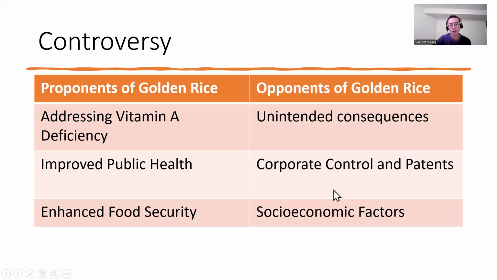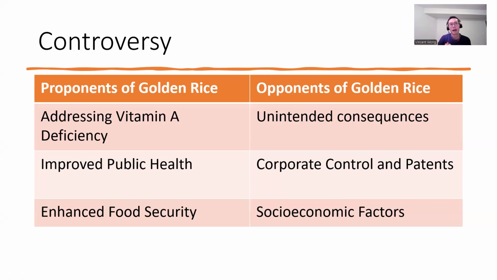They're also worried about corporate control and patents, right? Obviously, these are very valuable intellectual properties created by various companies, and you never really want to have these powerful companies being the sole source of a particular food type in low-income countries, right?